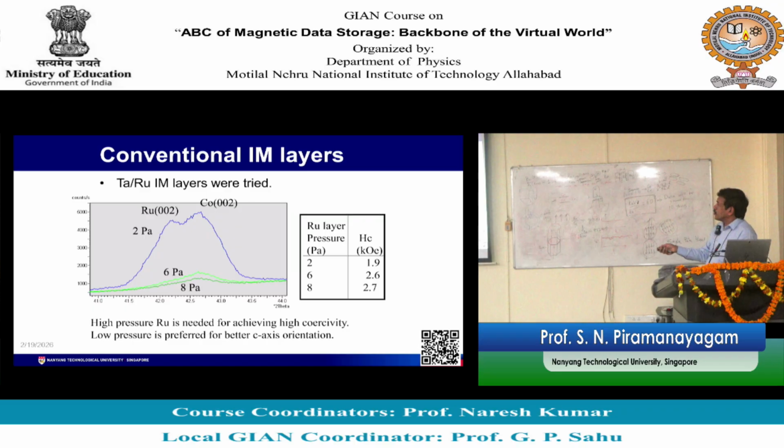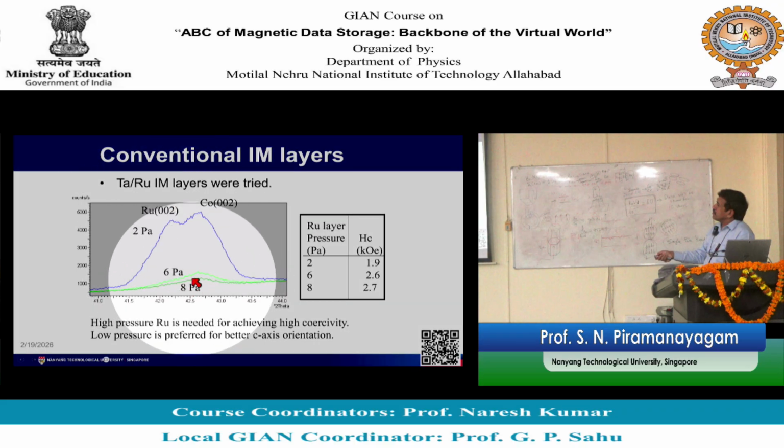This is what I was showing. If you grow ruthenium films at high pressure, the C axis is not very good and the peak intensity gets reduced. So you cannot just use one layer.